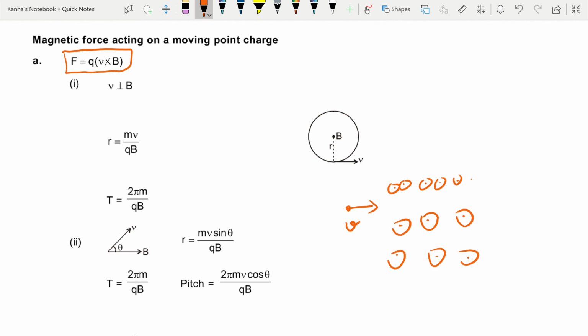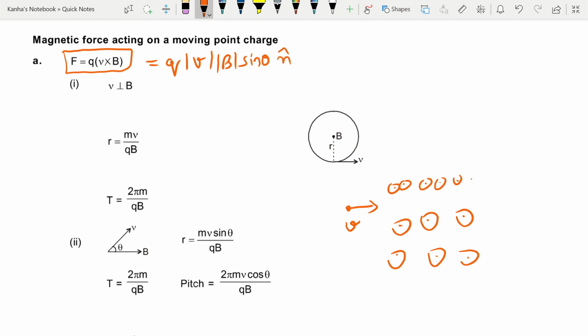Now when v is perpendicular to B, first of all, what is this? This is magnitude of q, magnitude of v, magnitude of B into sine theta between the direction of velocity and magnetic field into some n cap. This is my vector form.